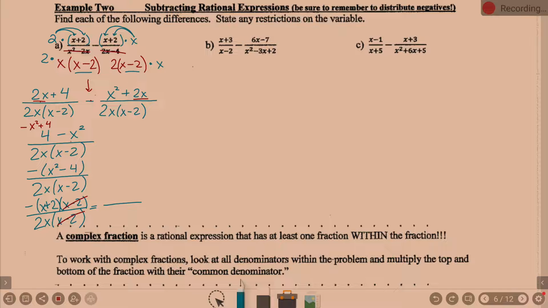So what remains? Minus x plus 2 over 2x. I'm going to leave my answer as that. You could also say your numerator is negative x minus 2, which would be equivalent.